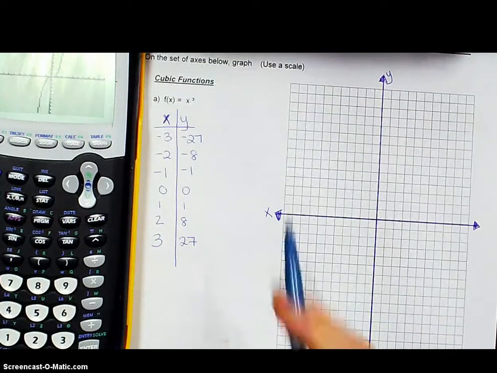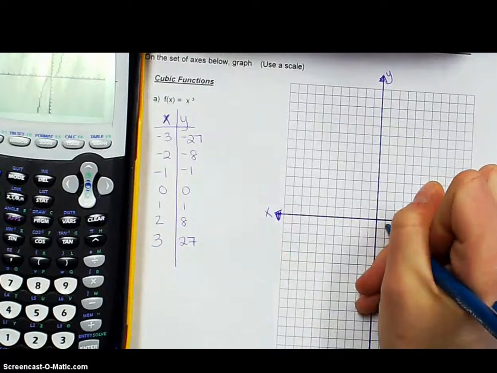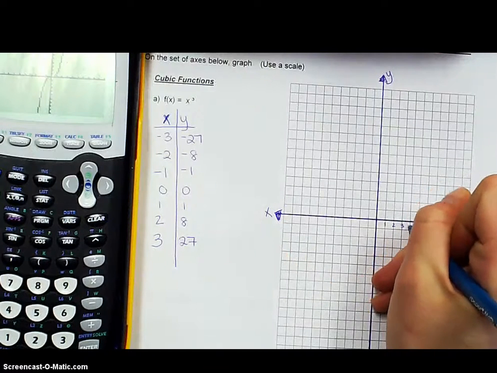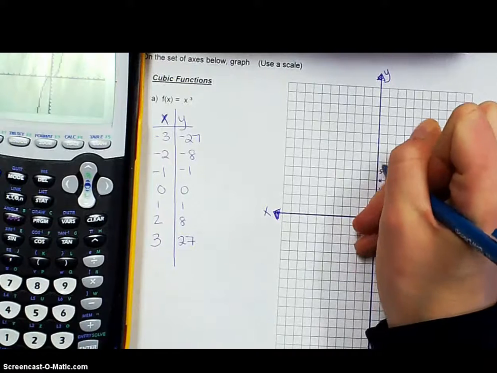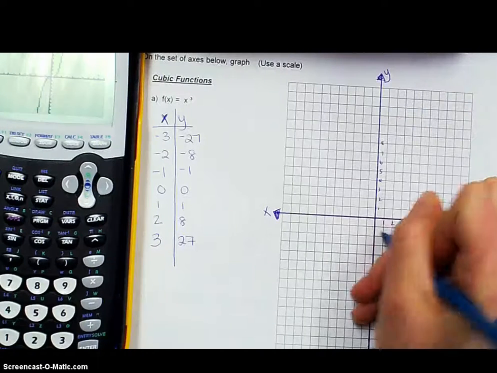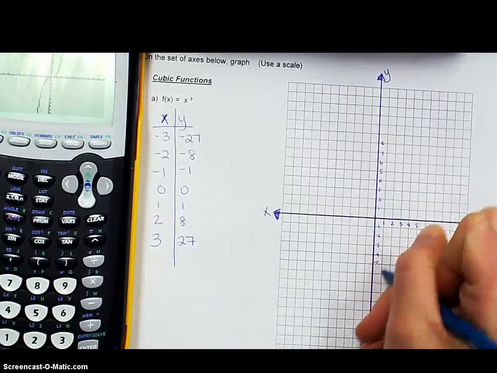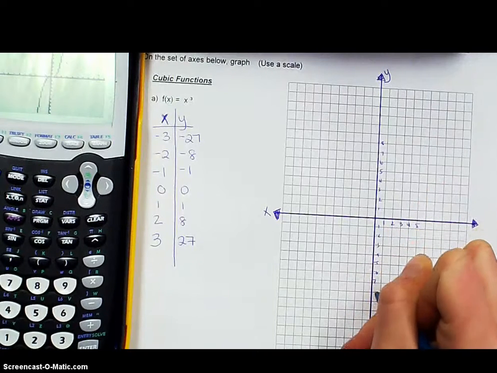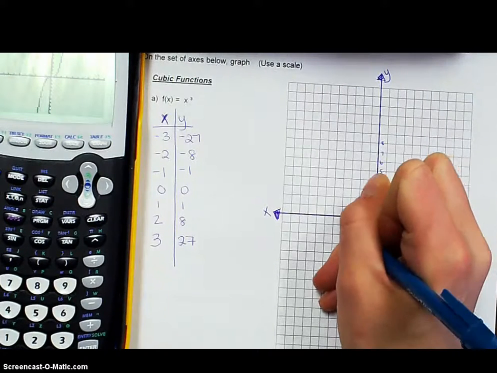I'm just going to count by ones because I can at least fit a few points on here. So I'm going to go 1, 2, 3, 4, 5, 1, 2, 3, 4, 5, 6, 7, 8. All right, we're going to set up a couple of our scales here: -8, -1, -2, 3, 4.